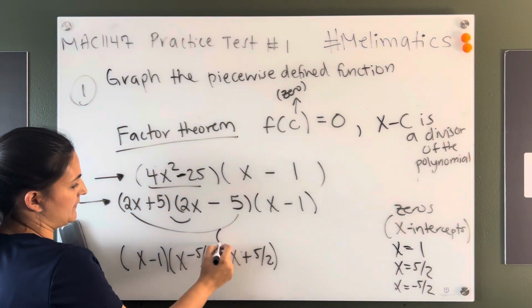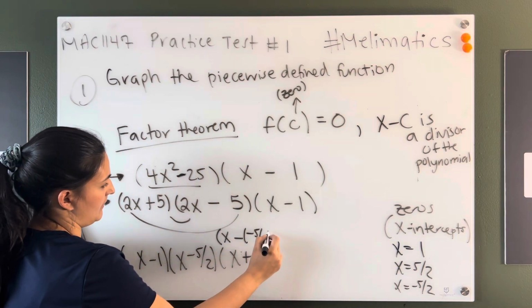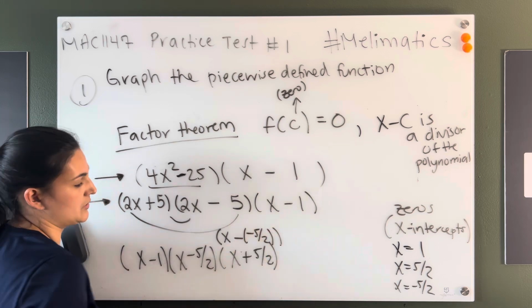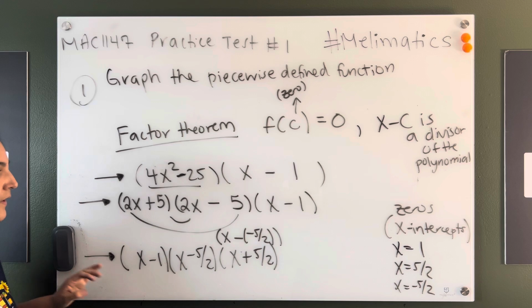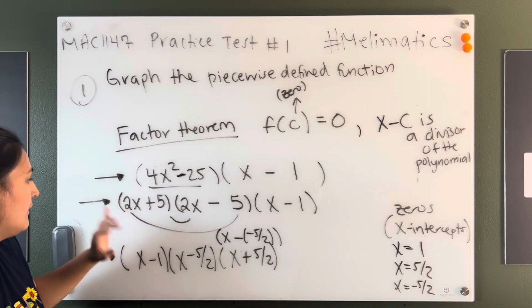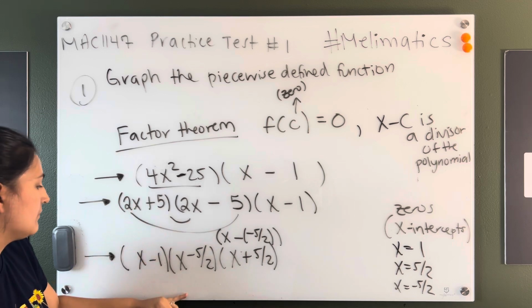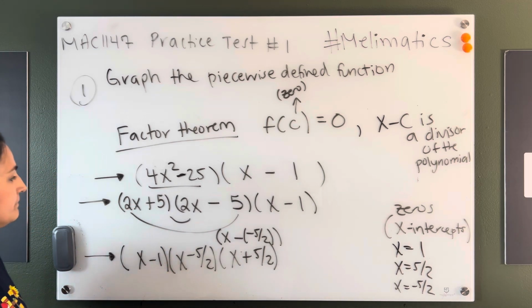Because remember, it's x minus c, so since one of them is negative, it'll be minus a negative, which is addition, right? So this is also the same thing, factored form. Just instead of writing it as 2x plus 5, they've written it in a different form and solved it for us, right?